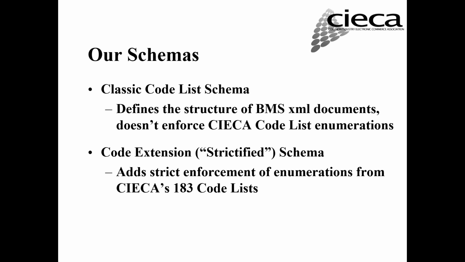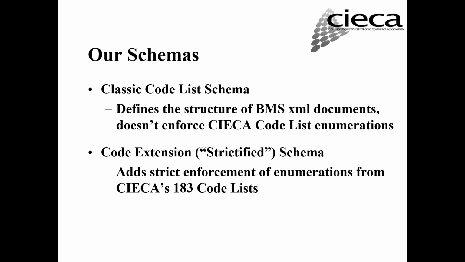the aggregates and elements that a message consists of. But when it comes to one of the data types that invokes our master code list, the classic code list doesn't issue validation errors when you don't use the codes that are present in the CIECA master code list.